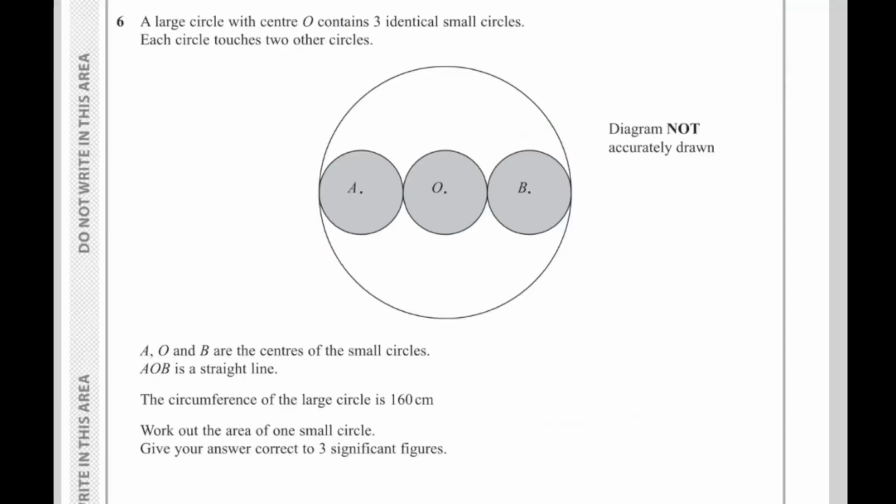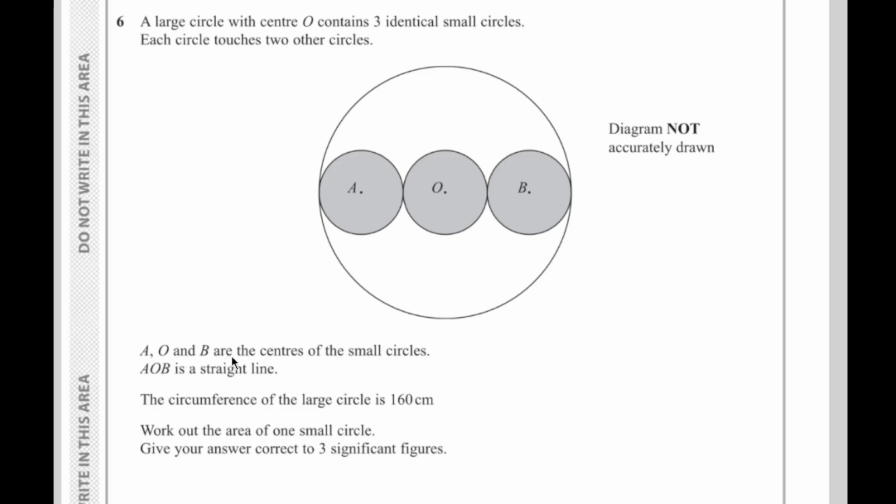Question 6. A large circle with center O, this is the large circle, center O, contains 3 identical small circles. So, this circle and these 3 are identical. They are inside this large circle. Each circle touches 2 other circles.